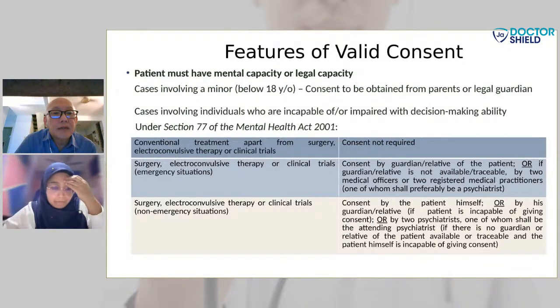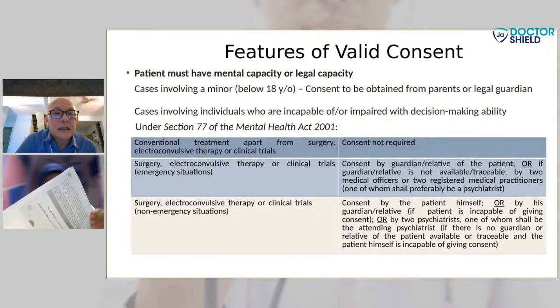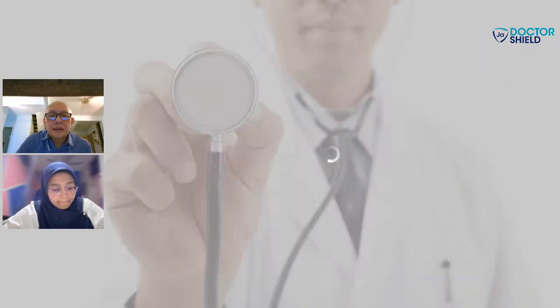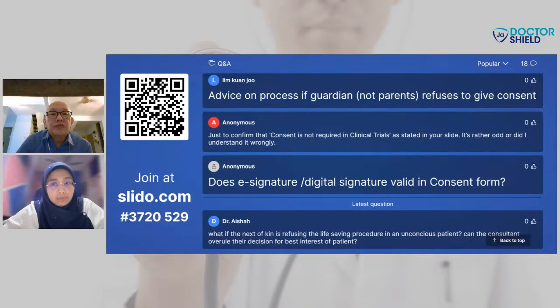Conventional treatment apart from surgery, electroconvulsive therapy or clinical trials, consent not required, top line in the slide. I think it's apart from surgery. So we are talking about conventional treatment apart from surgery, ECT, or clinical trials. So I don't think you said it. Okay, correct, we will skip that. All right, we move on quickly.